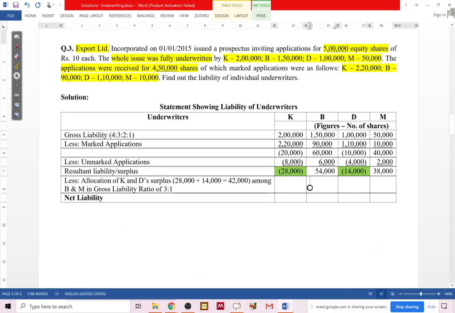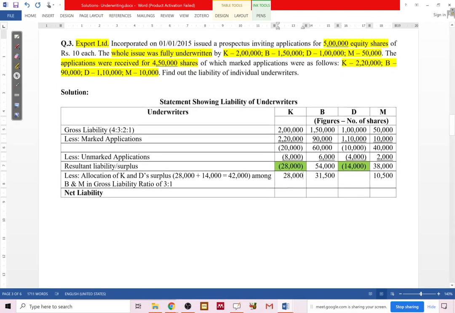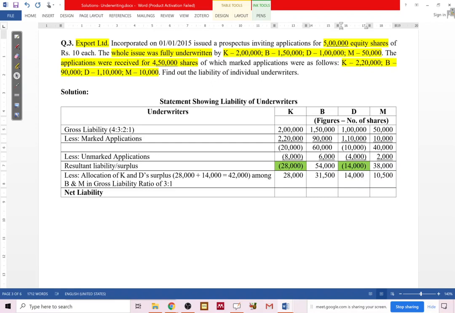So B gets 31,500 and M gets 10,500. This remaining 28,000 positive, 28,000 negative is going to get nullified because their surplus is now gone. It is given to somebody else, right? So this will go out of the picture.